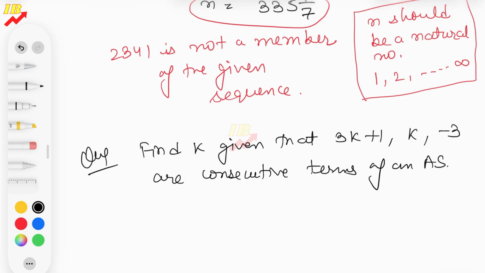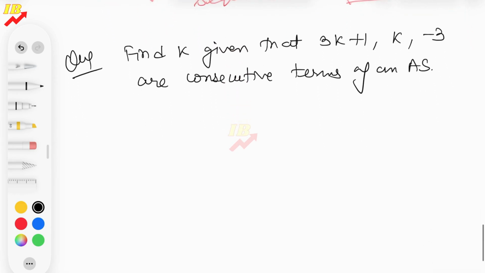Okay, so now you understand this thing, that they're talking about that we have to calculate this k value when the three terms are consecutive. This is the key word here, consecutive. Consecutive stands for one after the other term number, right? Like 1, 2, 3, these are consecutive numbers, right? One after the other.